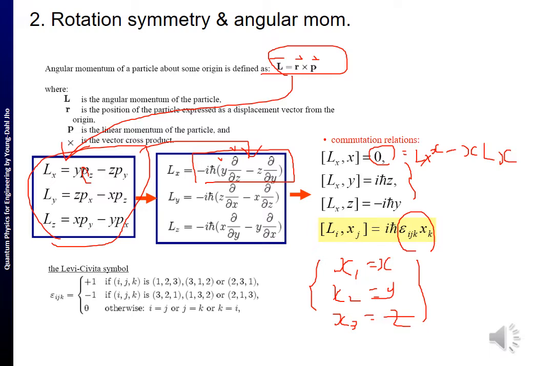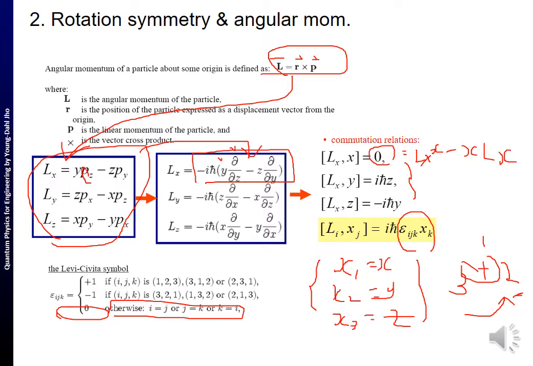So it is like this. It is like 1, 2, 3. If it is rotated this way, it's positive. The other way, negative. Otherwise, this case is 0.